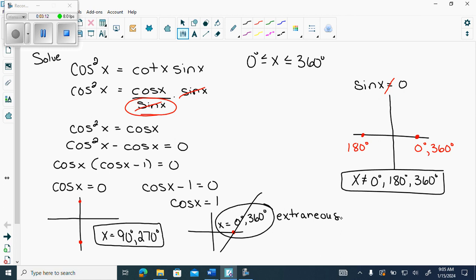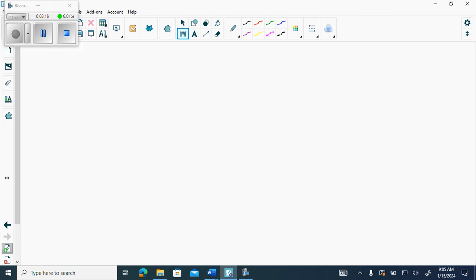Okay, new question. Algebraically solve 2 sine x equals 7 minus 3 cosecant x. General solution.